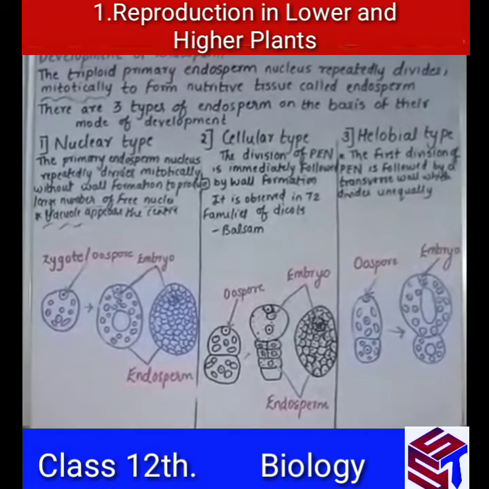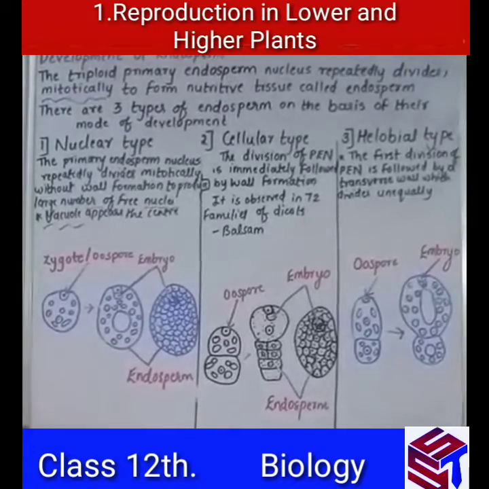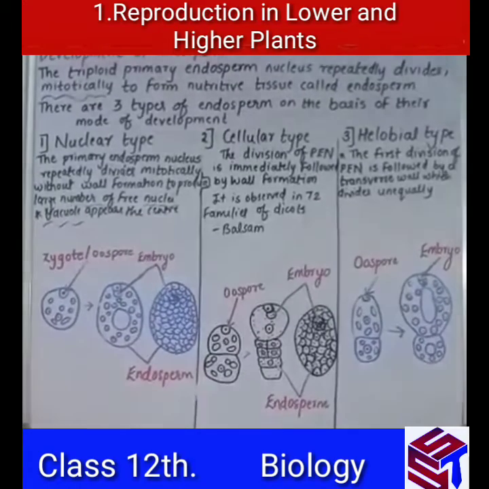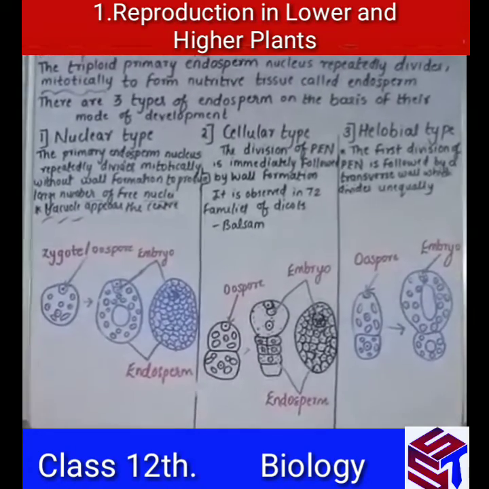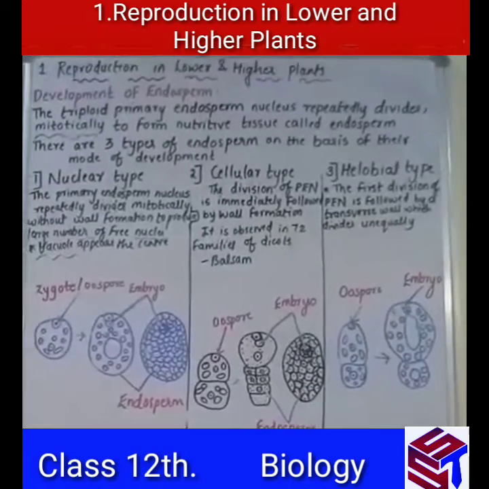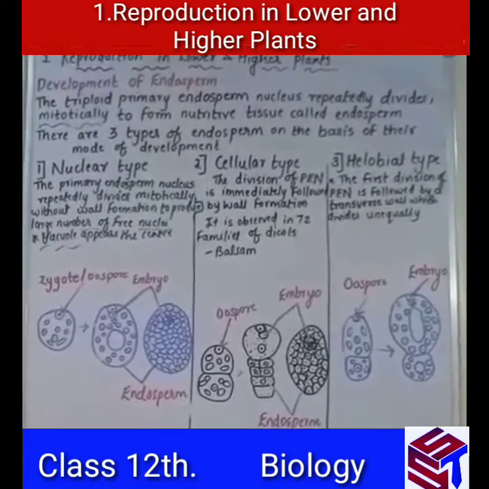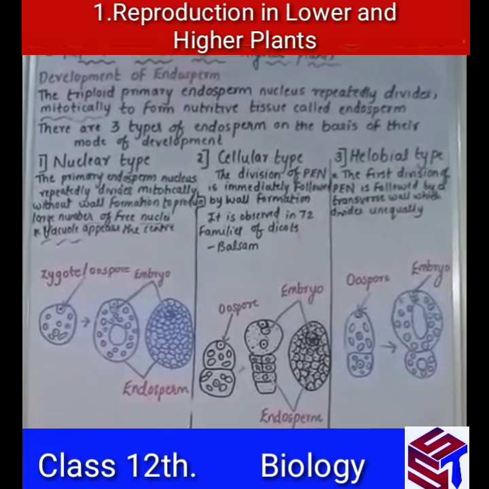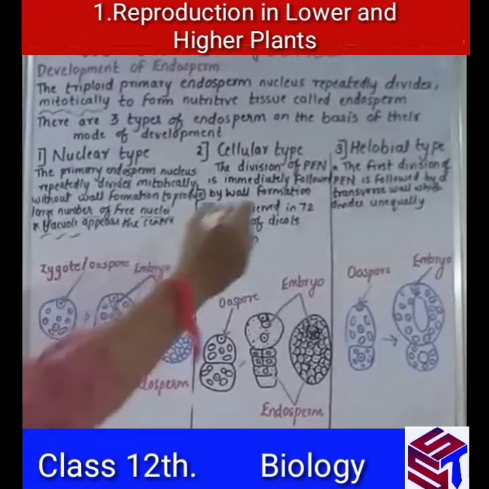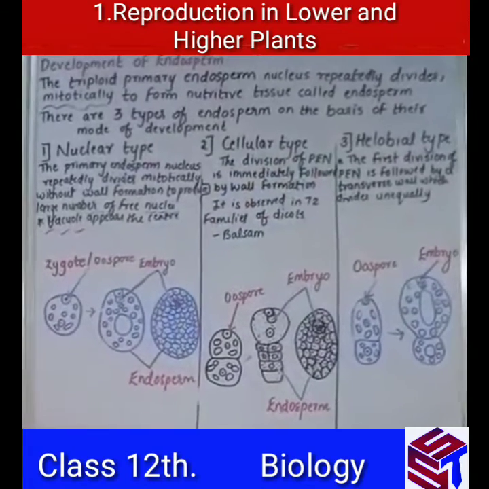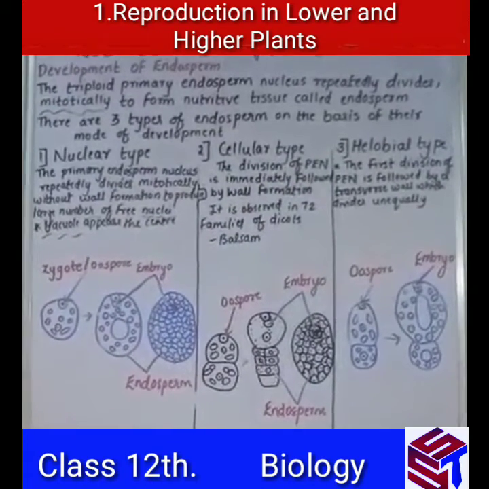Next we will see the cellular endosperm. In this, the division of the primary endosperm nucleus is immediately followed by wall formation.